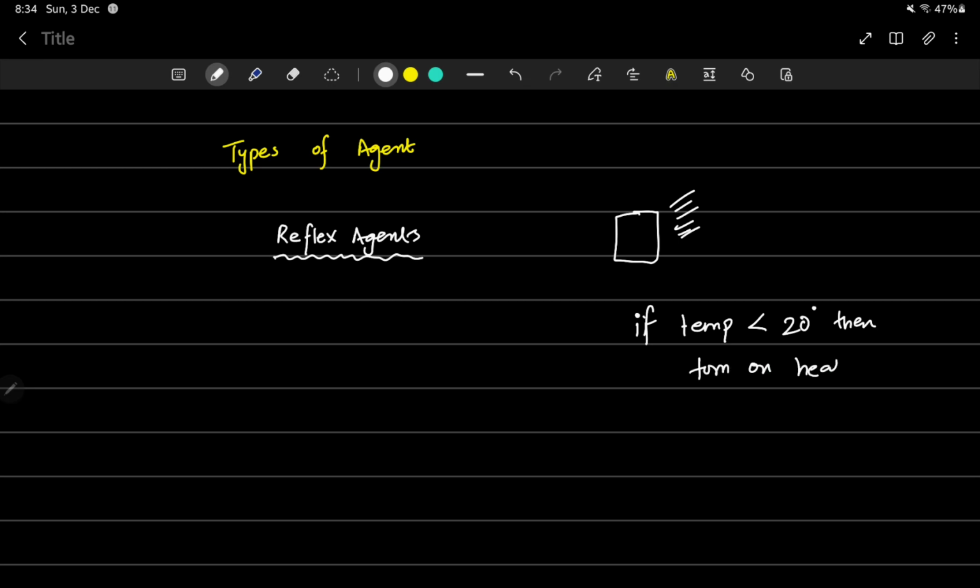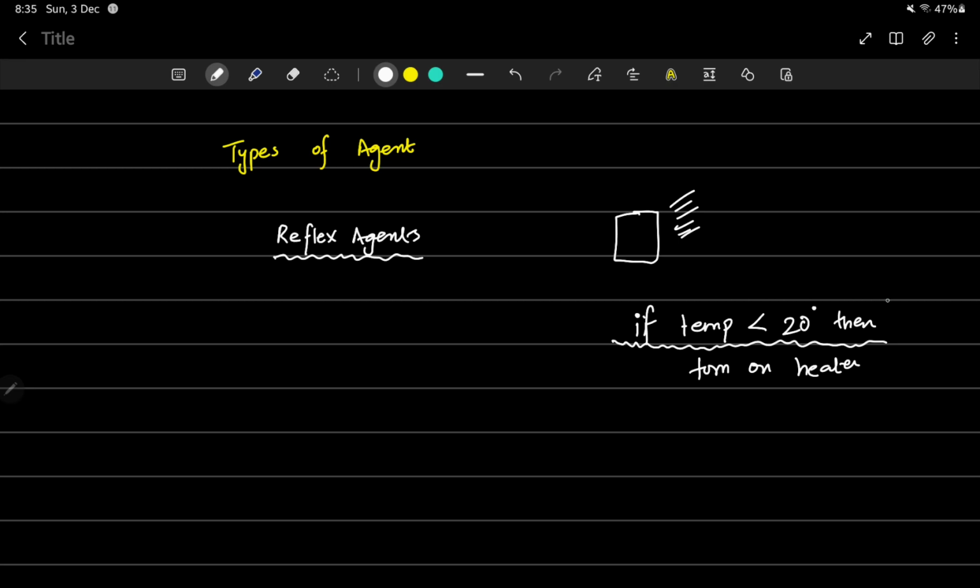That's it. So when I said that you have built reflex agents, if you have any basic experience with programming, you have built programs using if statements, right? So you have built reflex agents.